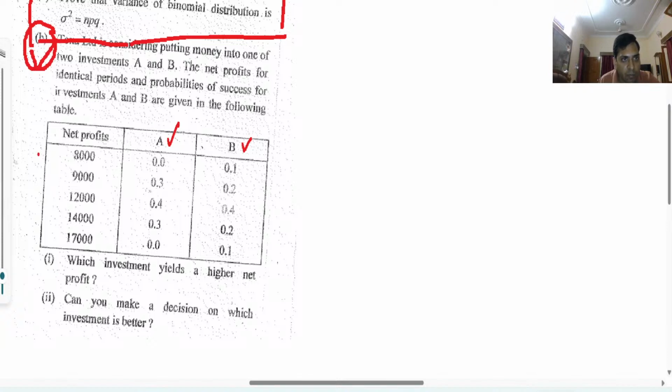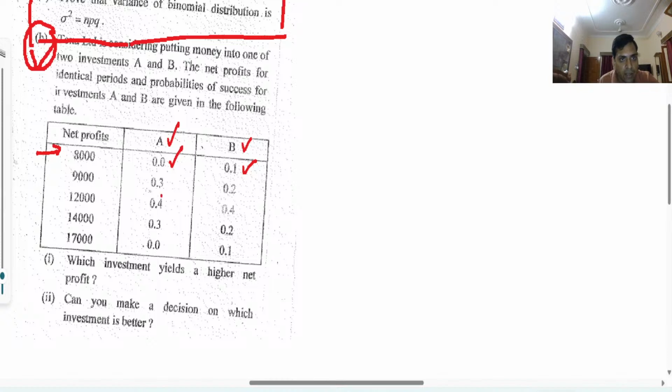These are the net profits and these are the probabilities. The first part is: which investment yields a higher net profit?